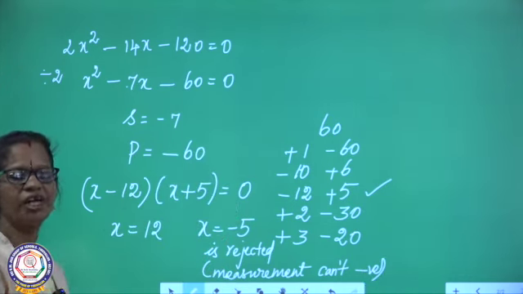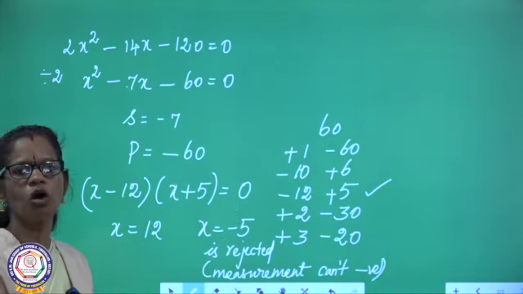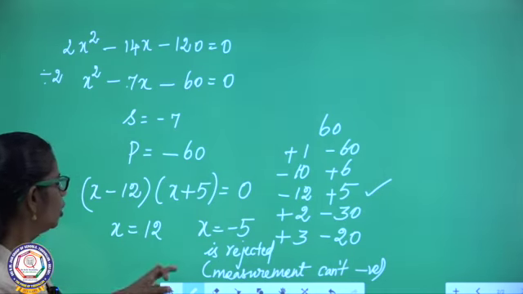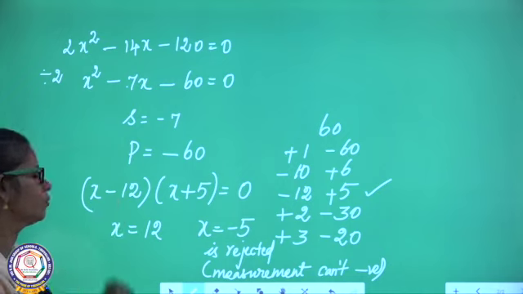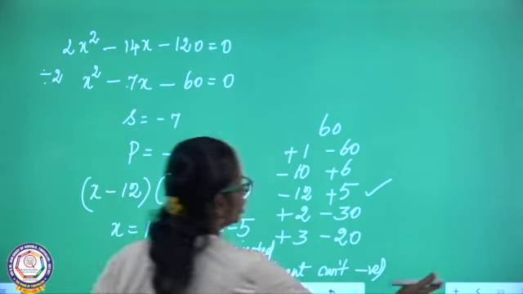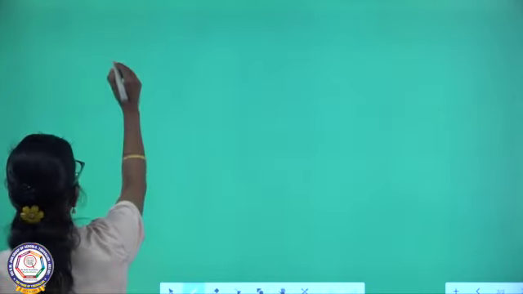Measurement, distance, speed, these are things you can't say in negative. Measurement cannot be negative, that means which is the answer? x = 12 is the answer.